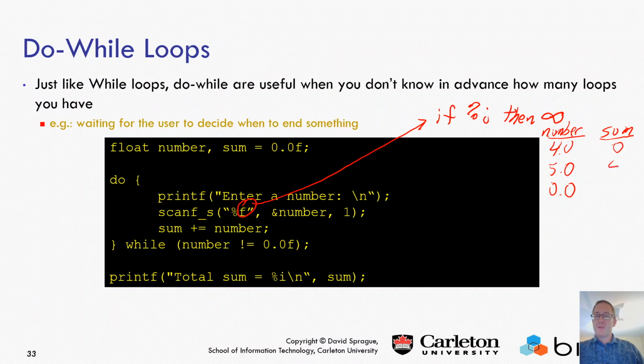It then becomes 4.0. It then becomes 4.0 plus whatever the next number I had here was, 5.0. And then afterwards, I print out the total sum for this thing, which would be the value 9. So it should be 9. It's 5 plus 4, right? So the total sum if I put in the 4 and a 5, the total sum would be 9, is what I would output.